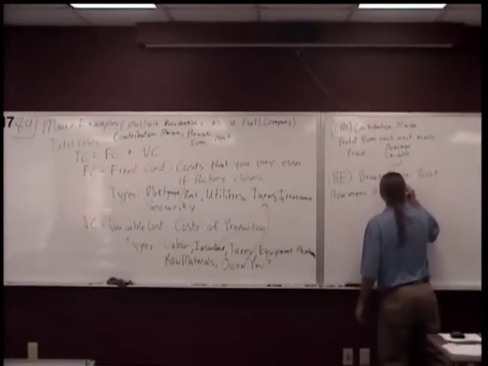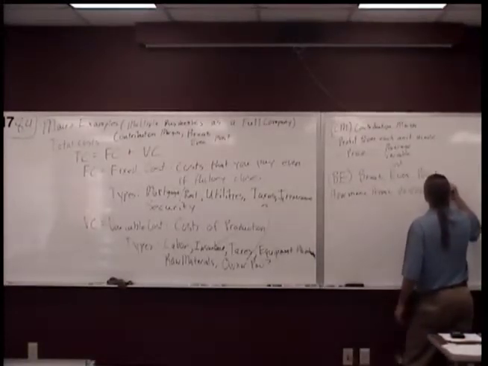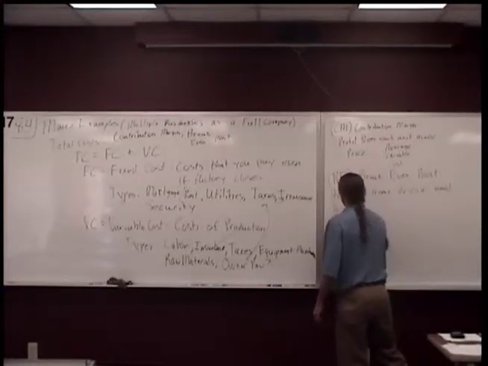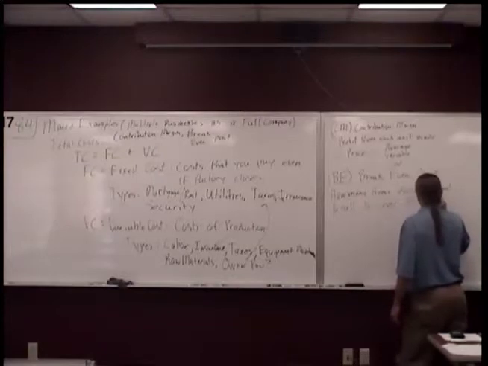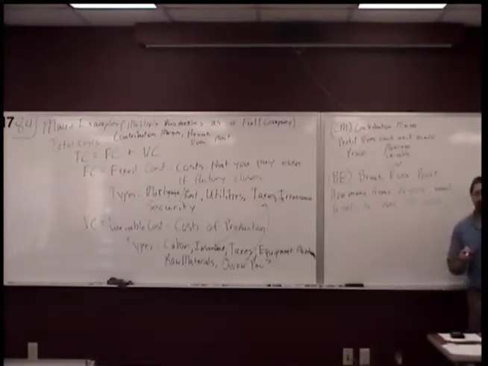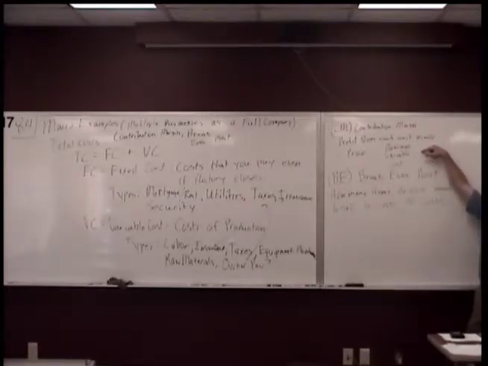So the contribution margin is how much you are making over the variable cost. What's not in this equation yet? Well, this is the profit per unit, but what's missing from our cost structure? What else do we need to pay for other than variable costs?